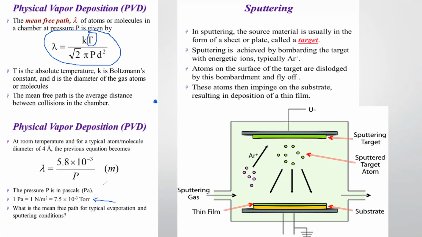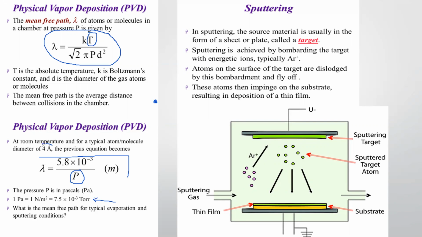So what is the mean free path for typical evaporation and sputtering conditions? We can calculate the mean free path if we know the pressure, meaning how much pressure we applied here. But this value is only for room temperature, which we generally take as 27 degrees Celsius, for a typical atom or molecule diameter of 4 angstrom.